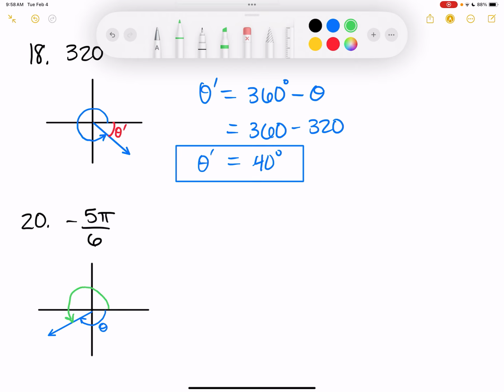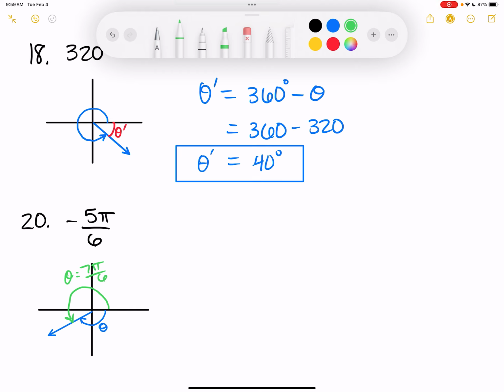So how many is it around in positive? 7 pi over 6. Down here, negative 5 pi over 6; 1 pi over 6, 2 pi over 6, 3 pi over 6, 4 pi over 6, 5 pi over 6. Working backwards, I'm imagining my lines on the unit circle. I know that from here to here is pi, so that would be 6 pi over 6, so I basically just went back 1.